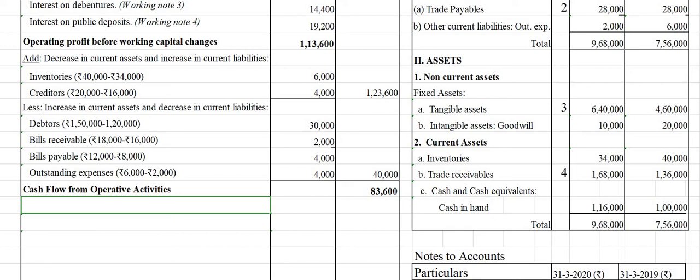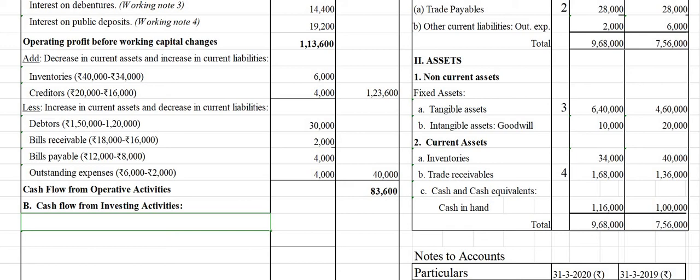Now let us see the second one, cash flow from investing activities. Investing activity, you know, is all the transactions related to the investment in assets. Investment of money into assets may be related to purchase of assets or sale of assets, interest received on investment, all such things.